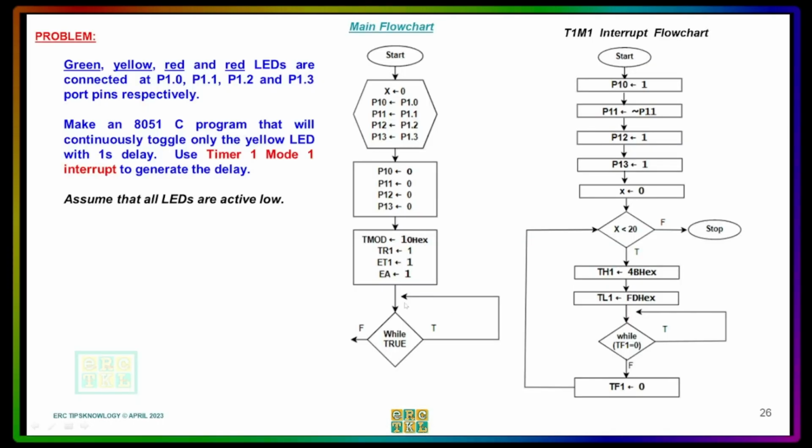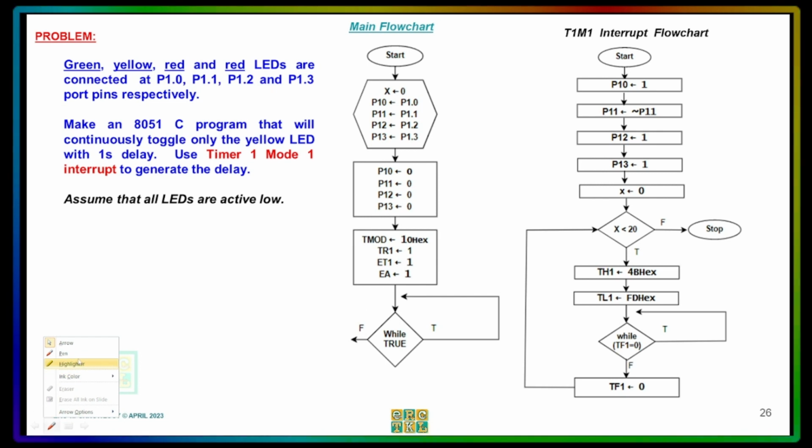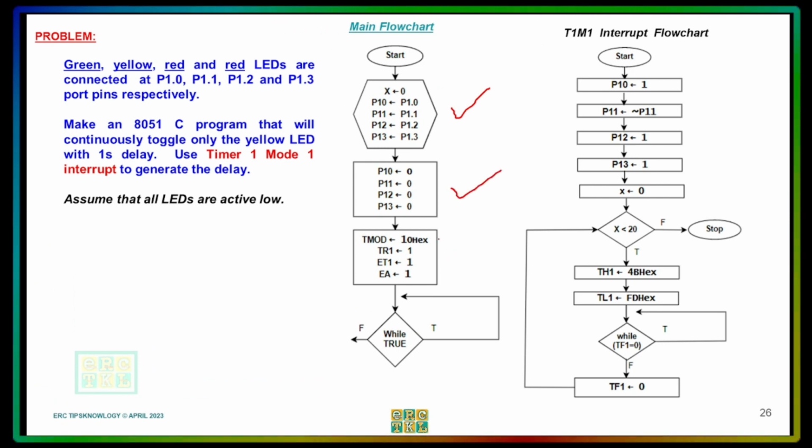Now for the flowchart, let's just talk about the difference. It's the same as the previous one here, the same here. But here it's different because we have the timer mode set as timer 1 mode 1, and of course timer 0 mode 0 also, but we will just use timer 1 mode 1. And then the timer is run with TR1 equals 1, and then ET equals 1 and EA equals 1.